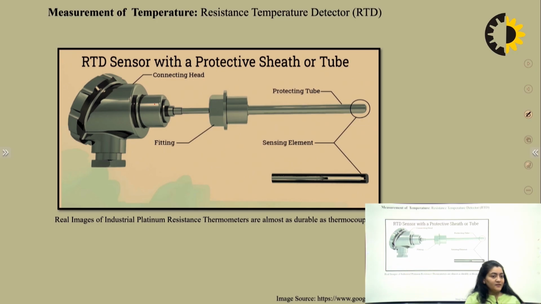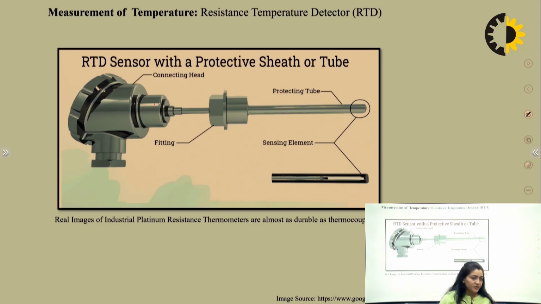Since RTD is a passive kind of transducer, you need an external power supply to make it work. And it is a contact type of sensor. Contact type means you need to be in physical contact with the source whose temperature you are measuring.